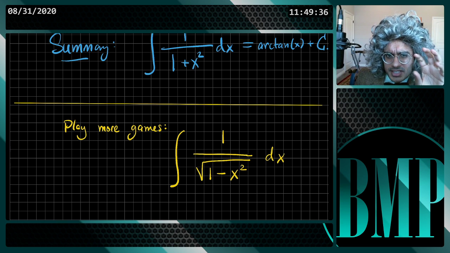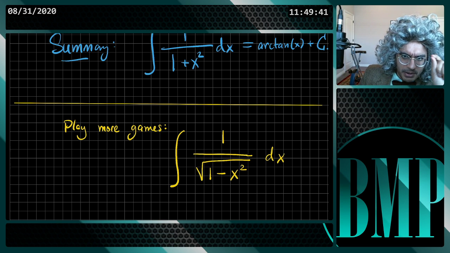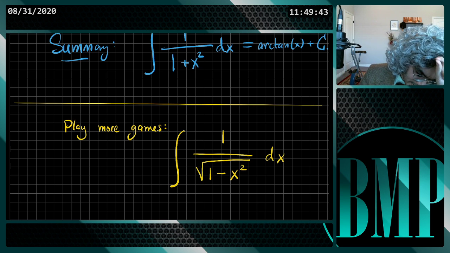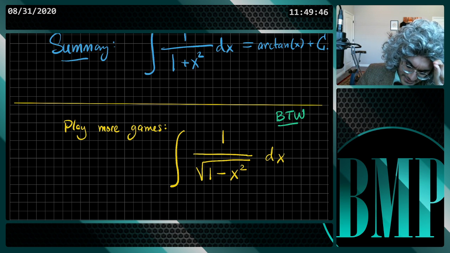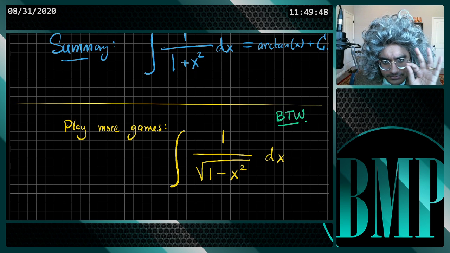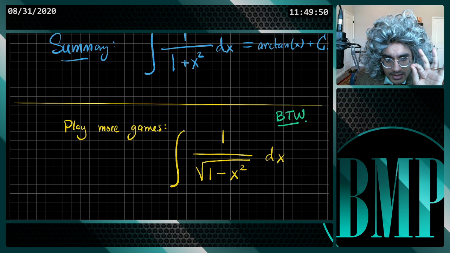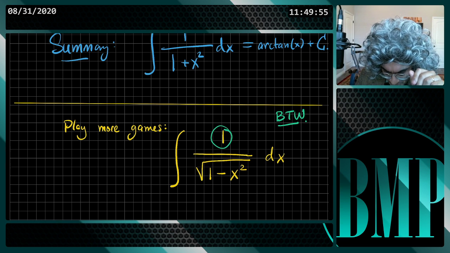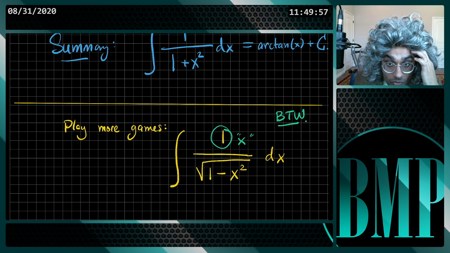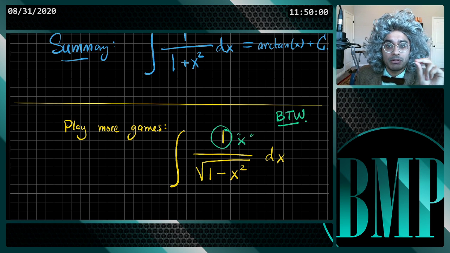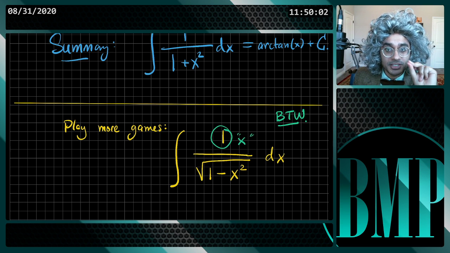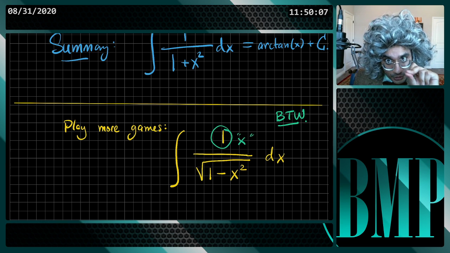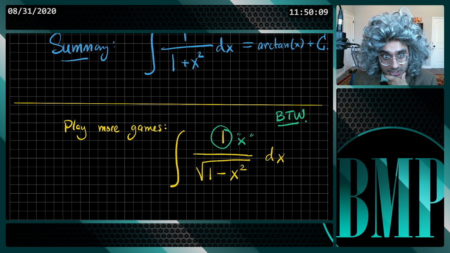By the way, notice the delicate nature of integration problems. I'll write by the way math in this green color. By the way, if this 1 here was slightly changed to an x, this problem crumbles from a simple substitution, u equals 1 minus x squared. We'll just completely demolish it.